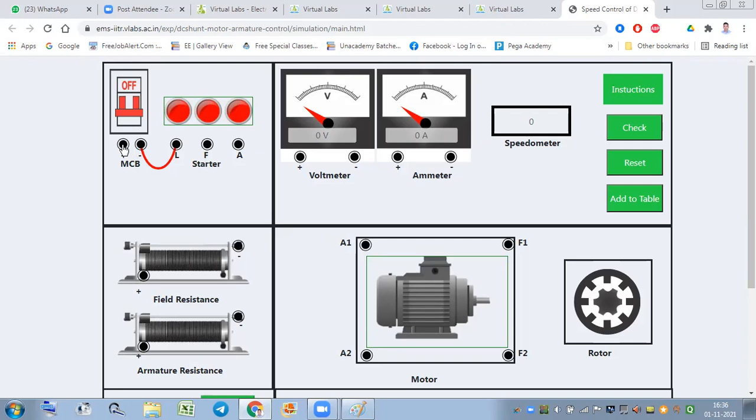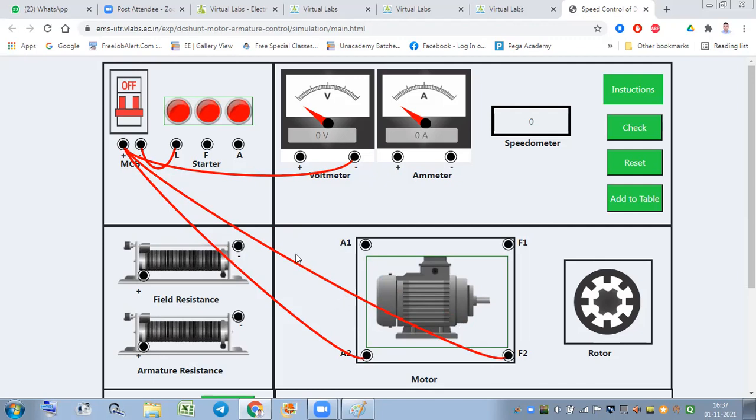First connect the MCB to the whole circuit. One terminal of the MCB is connected to the armature terminal A2, and one terminal of the MCB is also connected to the field terminal F2, because we need to complete the circuit.